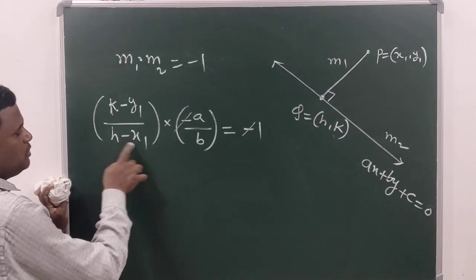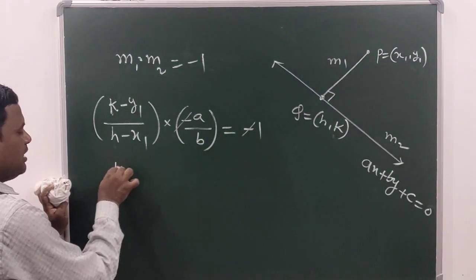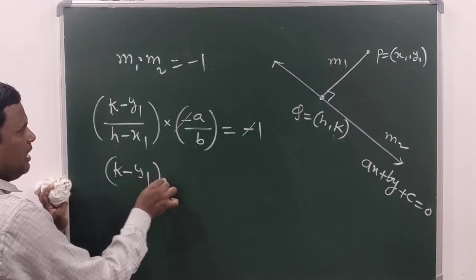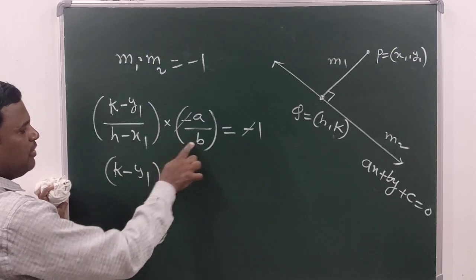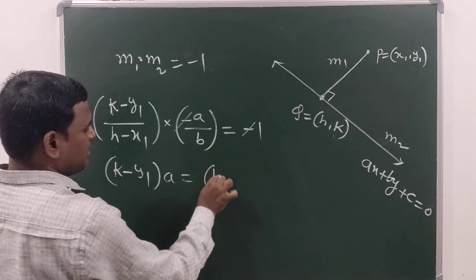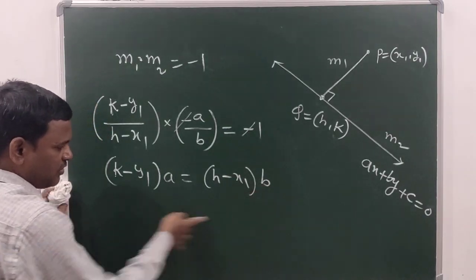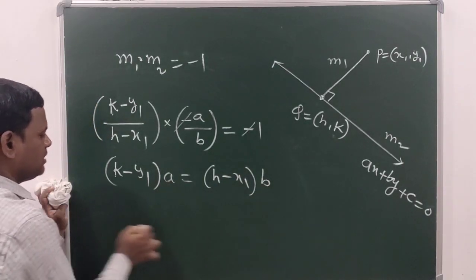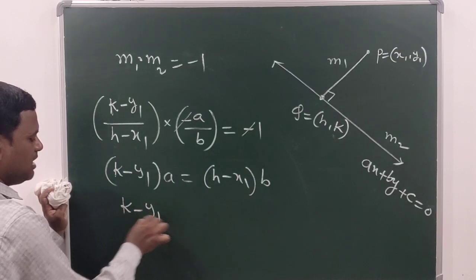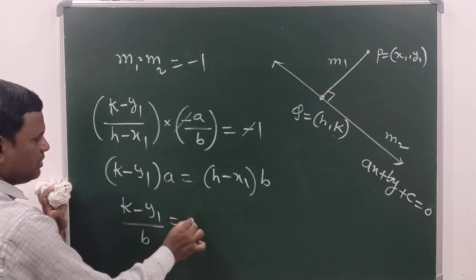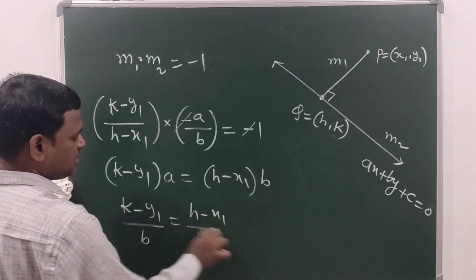So here h minus x1 into b, send it to the right side. k minus y1 into a is left. Transferring b to the left side and a to the right side, you will get (k - y1)/b, which is equal to (h - x1)/a.